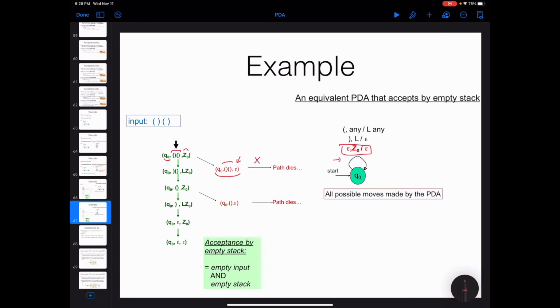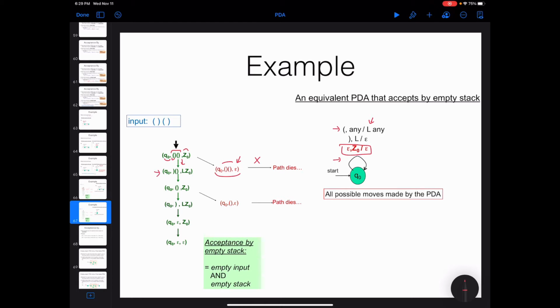The other possible action is to use this transition here, consume one token, the first token, which is an open parenthesis, push an L to the top of the stack, and reach a situation like this.